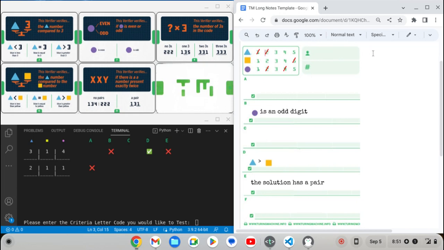Okay, and so if it's not a 2, does that change anything for square? No, I don't think so, because all of the squares are less than one of the triangle values. Yeah, that doesn't change anything. Okay, well, let's test criteria card C. Okay, that is also incorrect.